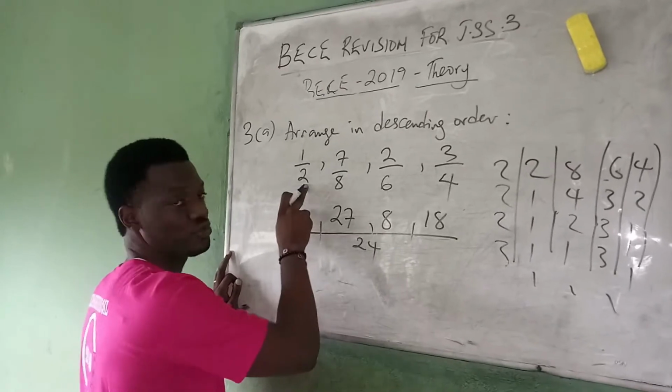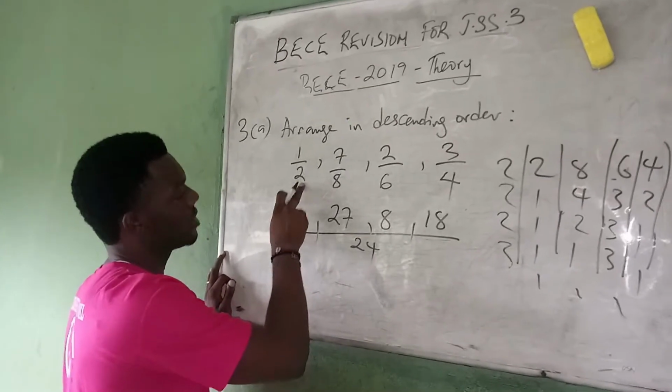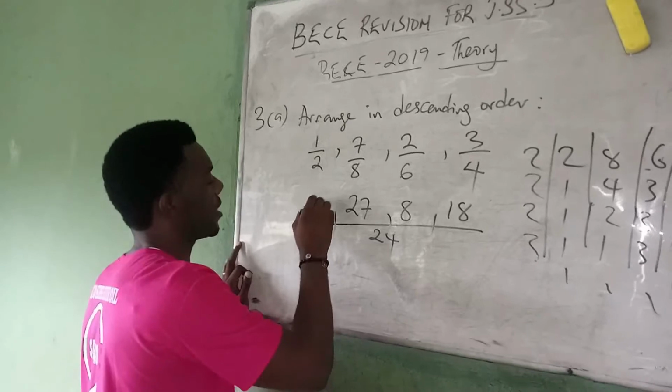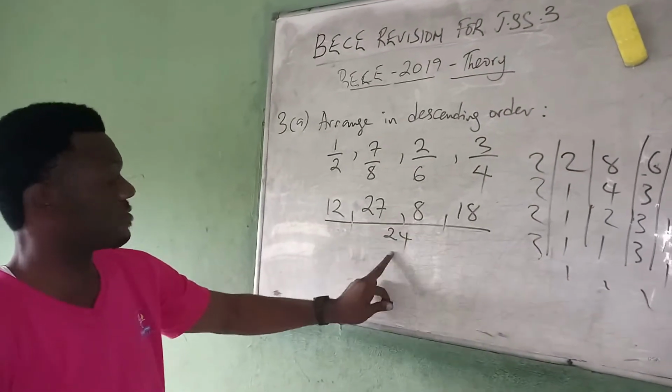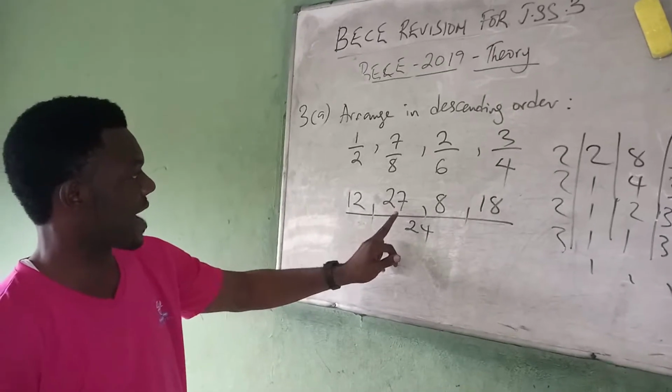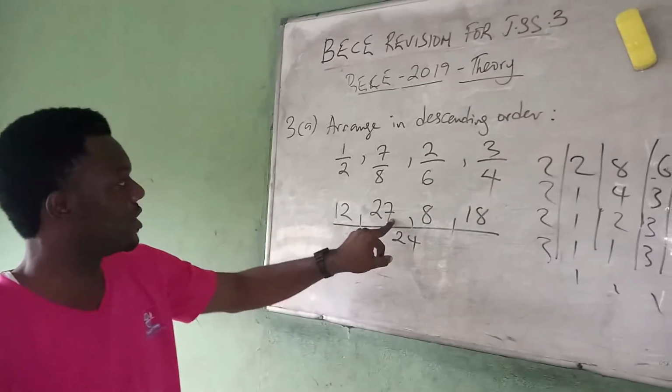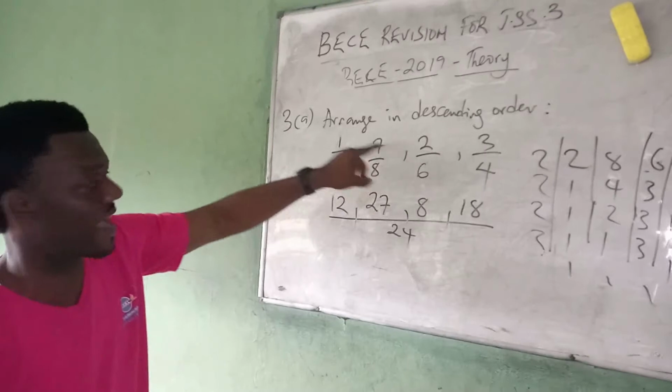24 divided by 2, we have 12. 12 times 1, 12. Now with these numbers, these are the numbers over 24. So the highest number is 27. So it means that 7 over 8 is the highest fraction.